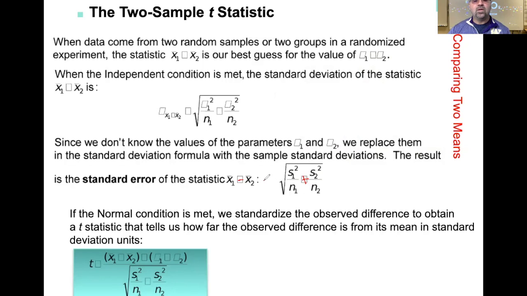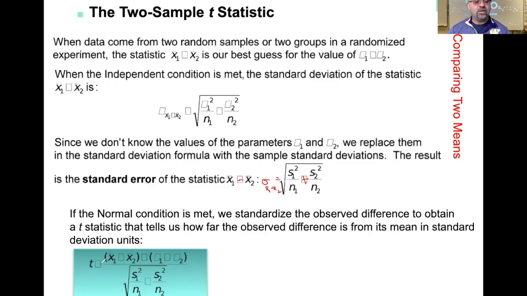And so there we go. You square the sample standard deviations and divide by the sample sizes. The normal condition doesn't have to be met again. Remember, t procedures are robust, so you can just use your t procedures.